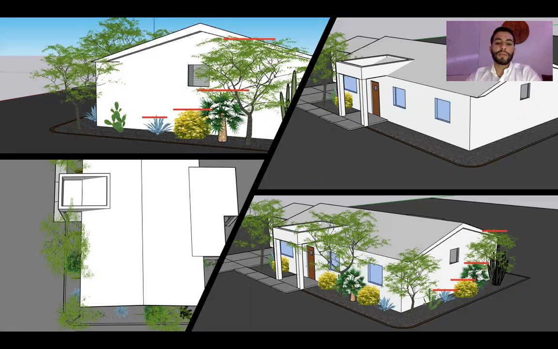Also, you can take some of these principles and apply them to your own home. You will want to place a very large tree on the southwest side of your home if you're in the northern hemisphere.